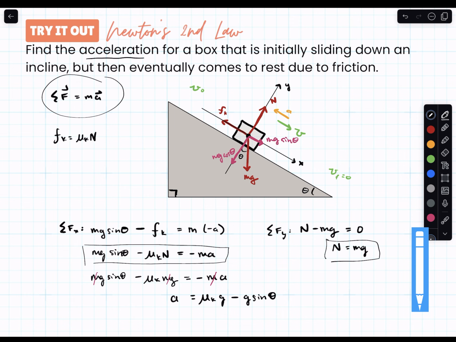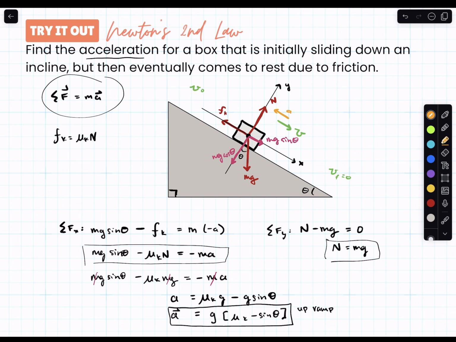We've just done a little bit of algebra, and you can really rewrite this as g times (mu_k minus sine theta). And so that would be your acceleration. If you need it to be a vector, you could call that the negative x direction or up the ramp or whatever. And that will give you a full picture as a vector version of acceleration.